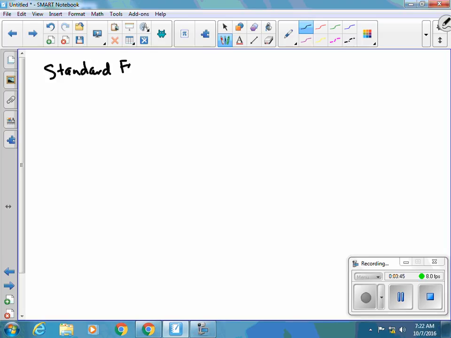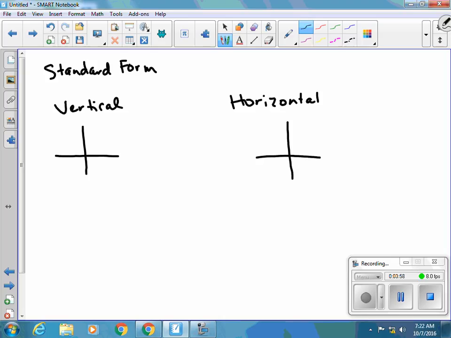Because we're not necessarily looking at the slope, your A and B will help determine whether it's horizontal or vertical.